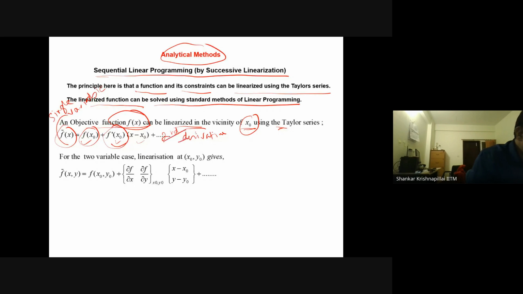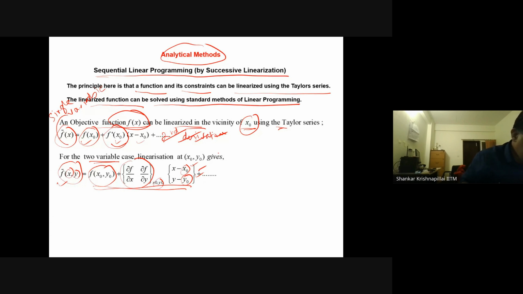If you have a two variable objective function, then you will have x and y. This is the approximate form of f of x y at the starting point x naught y naught. If you know the starting point, the two variable objective function can be converted to the linear form by this equation: f of x naught y naught plus partial f by partial x, partial f by partial y at x naught y naught into x minus x naught and y minus y naught.